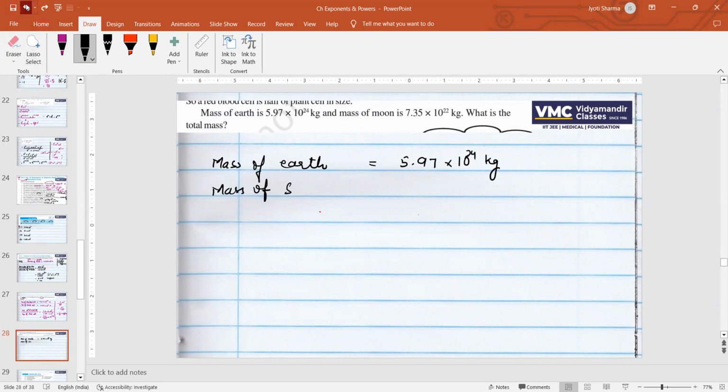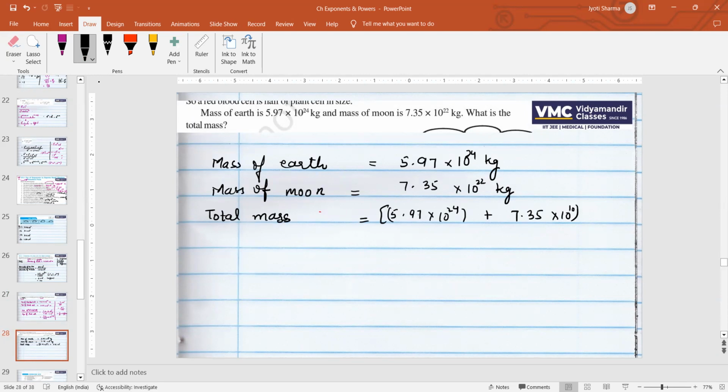Oh, sorry. 7.35 into 10 to the power 22 kg. So what I can do for the total mass, I need to add, but these are in product. So the minimum power of 10 is 22, so I will take it out common.